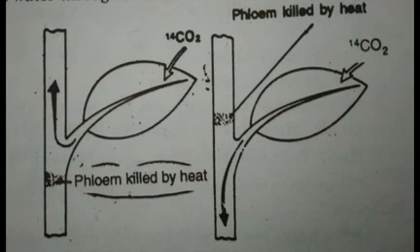Two factors which mainly control the opening and closing of stomata, we have already studied this earlier, what is that? That is light intensity and water. Stomata play a vital role in the exchange of gases like oxygen and carbon dioxide, and also in transpiration.